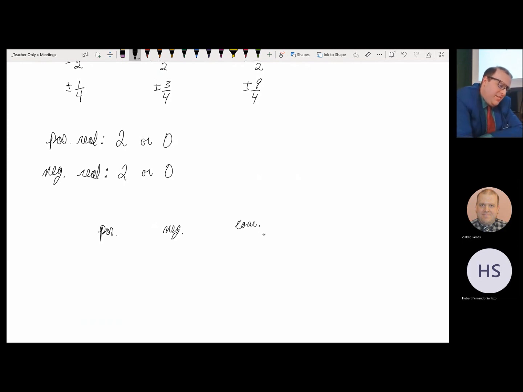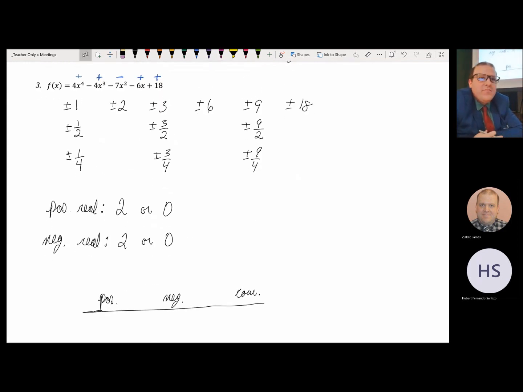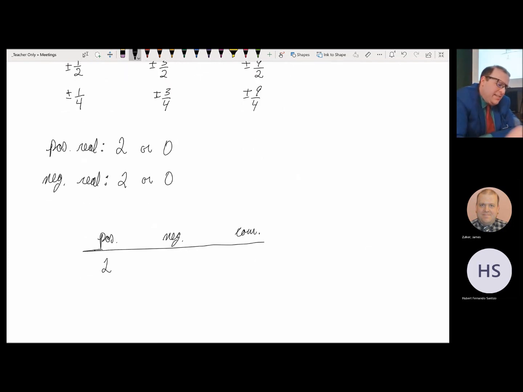How many zeros are we going to need? In other words, how many zeros do we have? No, it's fourth degree. So how many zeros? Yep. We could have 2 positive, 2 negative, and how many complex would we then have? 0.